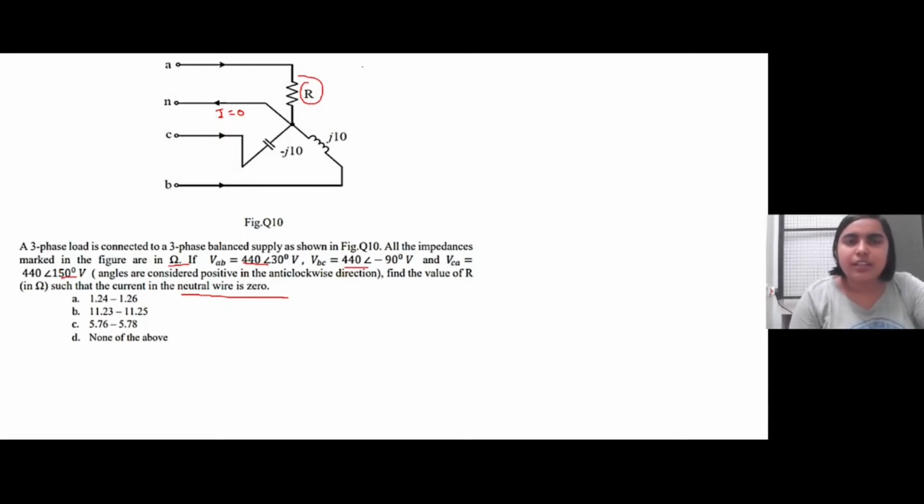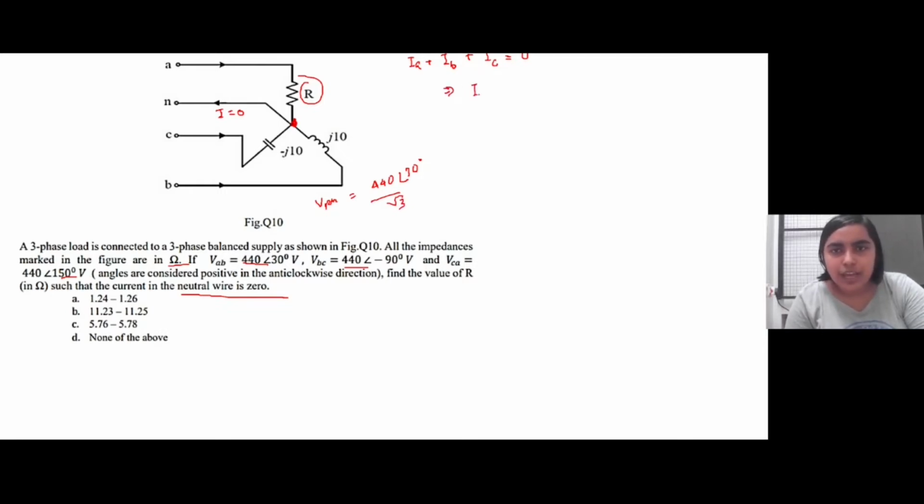Here we will apply KCL at this particular node, that is IA plus IB plus IC is equal to 0. Since the line voltages are given, we can calculate the phase voltages by dividing by root 3, right? So in each case it is 440 divided by root 3.